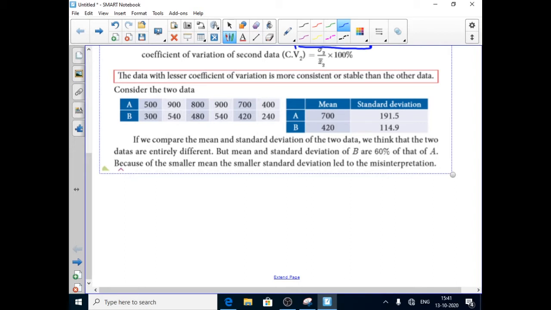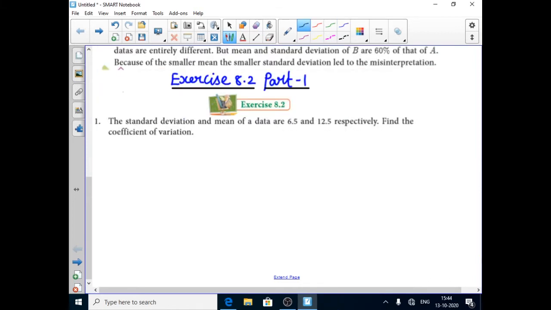Take exercise 8.2. The coefficient of variation is given as sigma by x bar into 100%. Now the first sum.